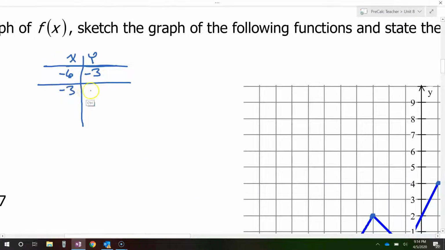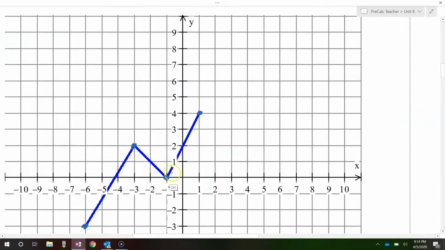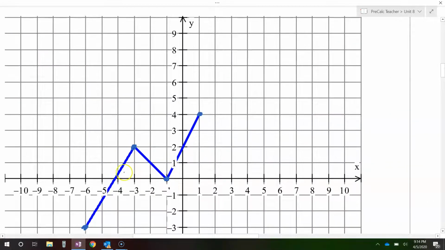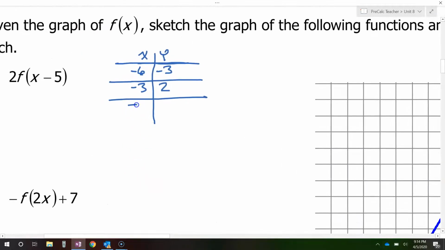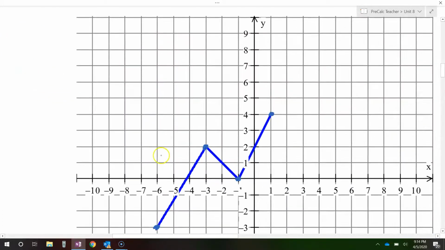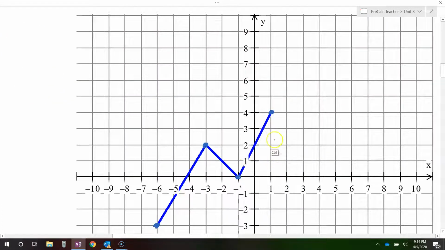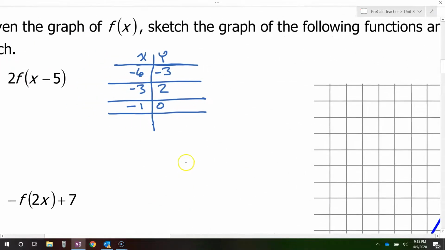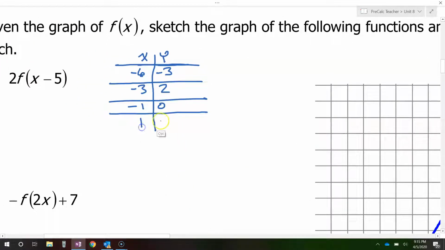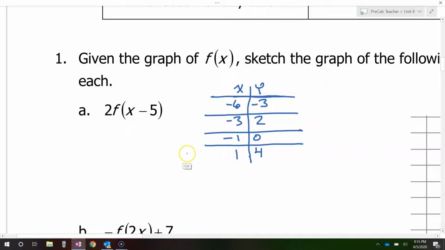And then next we have -1, 0. And finally we have +1, 4. Time to do the transformations.